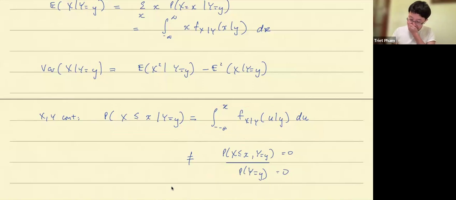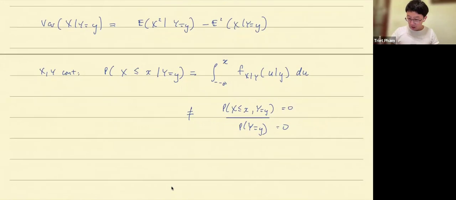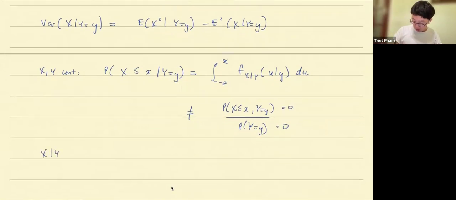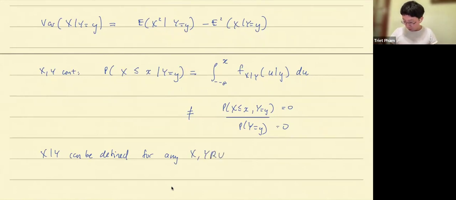All right, well, I said this is last but not least, but one more thing is that conditional distribution can be defined generally, and will be defined for any X, Y random variables. What we mean by this is that you don't need discrete or continuous random variables.